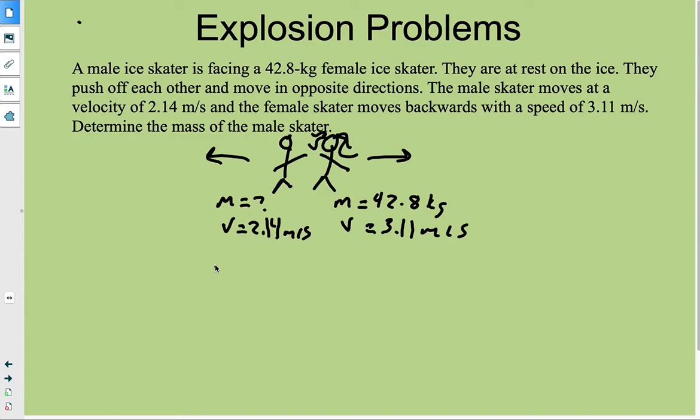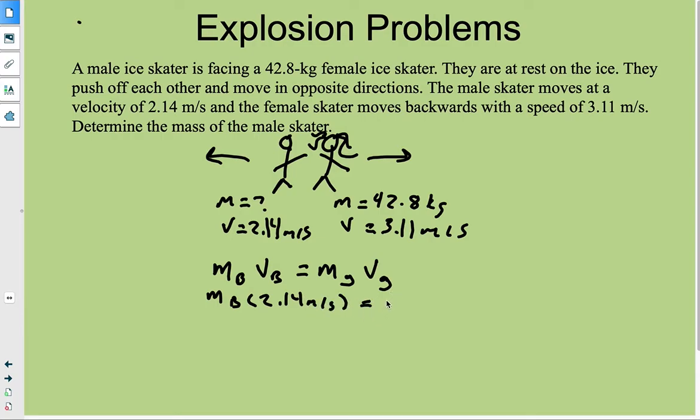So I know that the mass of the boy times the velocity of the boy has to be equal to the mass of the girl times the velocity of the girl. So I don't know his mass, but I do know his velocity is 2.14.